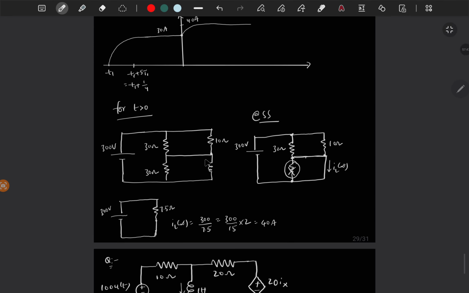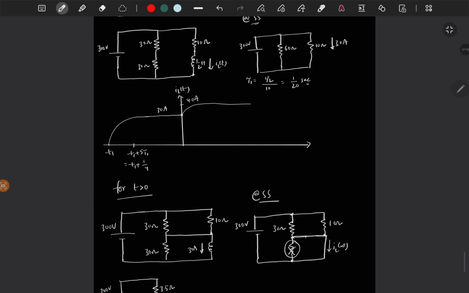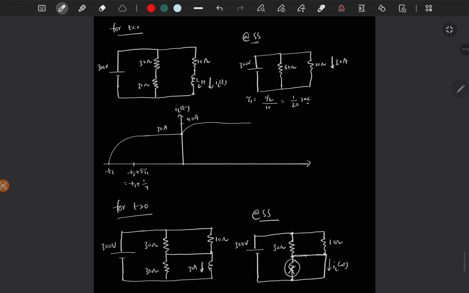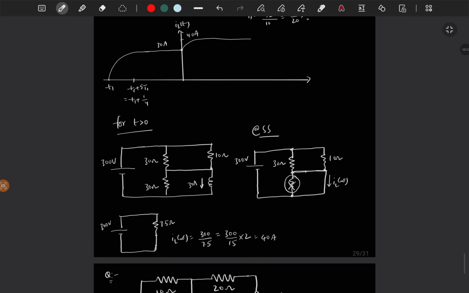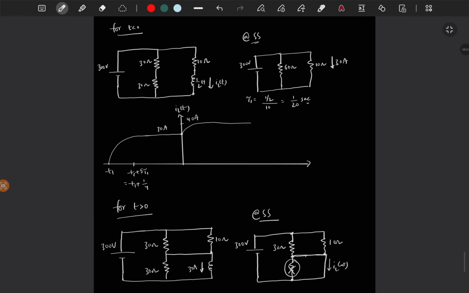So this is for t greater than 0, and for t greater than 0 you should assume the initial current as 30 amps, because that is what we got as the steady state current for t less than 0, right? So you have to take that as initial current as 30 amps and you have to write this equation.